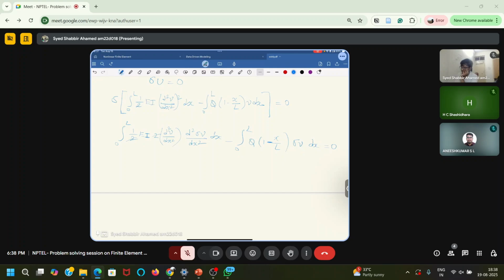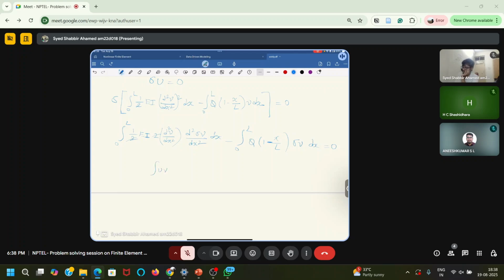Now what I can do is convert this into a weak form. For that I have to do integration by parts. So integration by parts, the first step we will do. We will take this EI d square v by dx square, and I hope you know what integration by parts is.